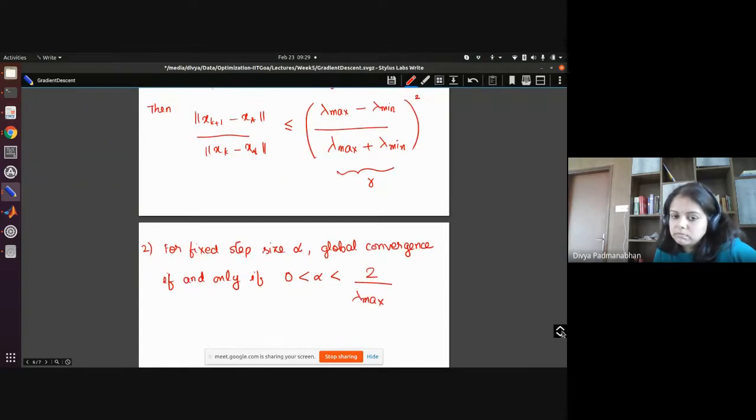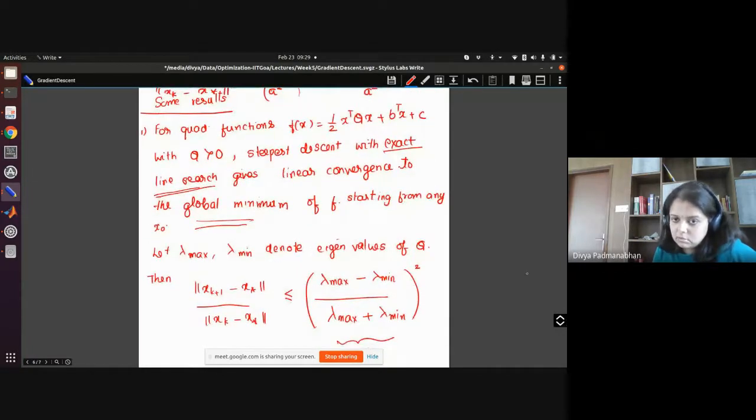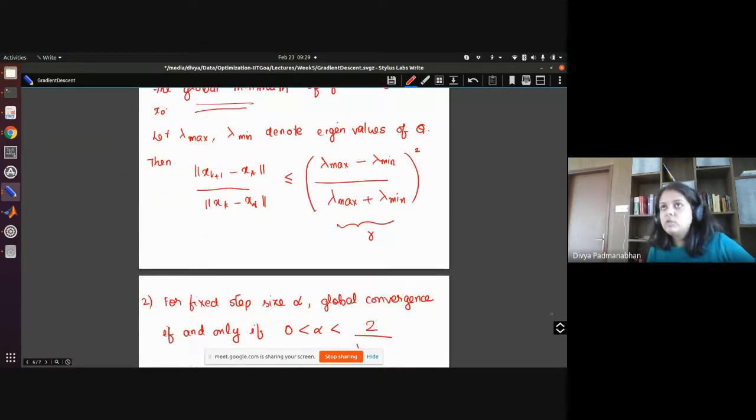Now, this is for the case where the alpha that you chose was the best possible one, so then you get this kind of behavior. Now you remember that you can also fix a value of alpha. Instead of doing this step of finding alpha at every point, you can just say, okay, I'm going to use alpha as, say, 0.1.